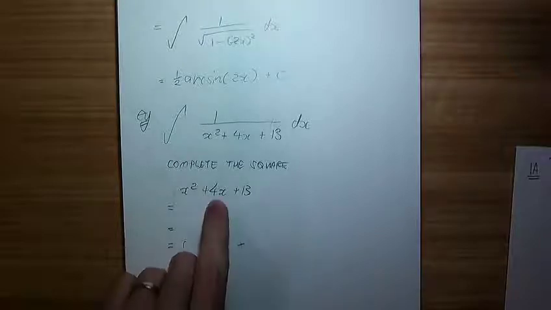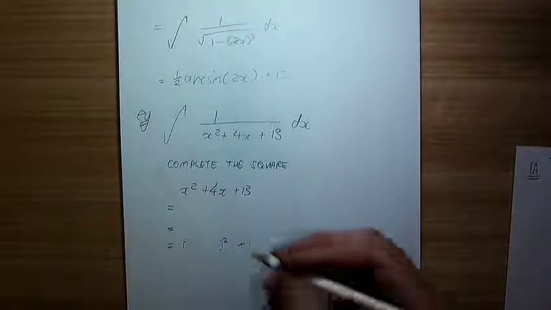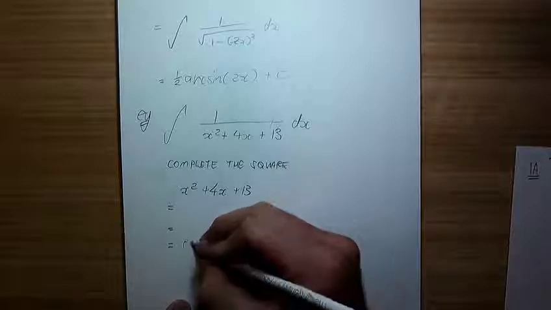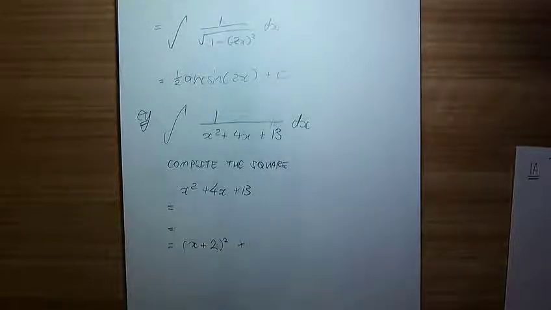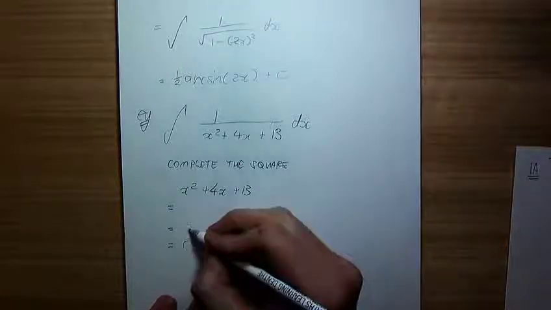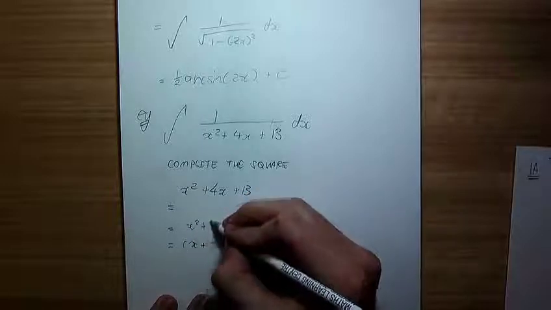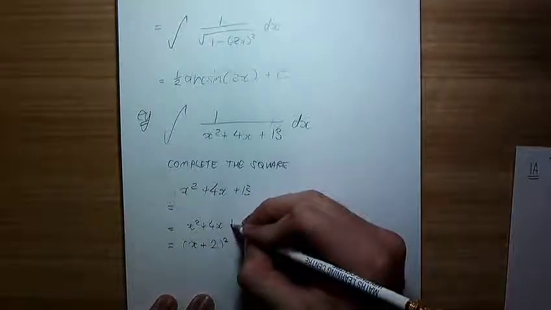And so this thing here must be 2 times the something, which means I divide that by 2. x plus 2 squared. Of course, if I expanded out x plus 2 squared, it would be x squared plus 4x plus 4.